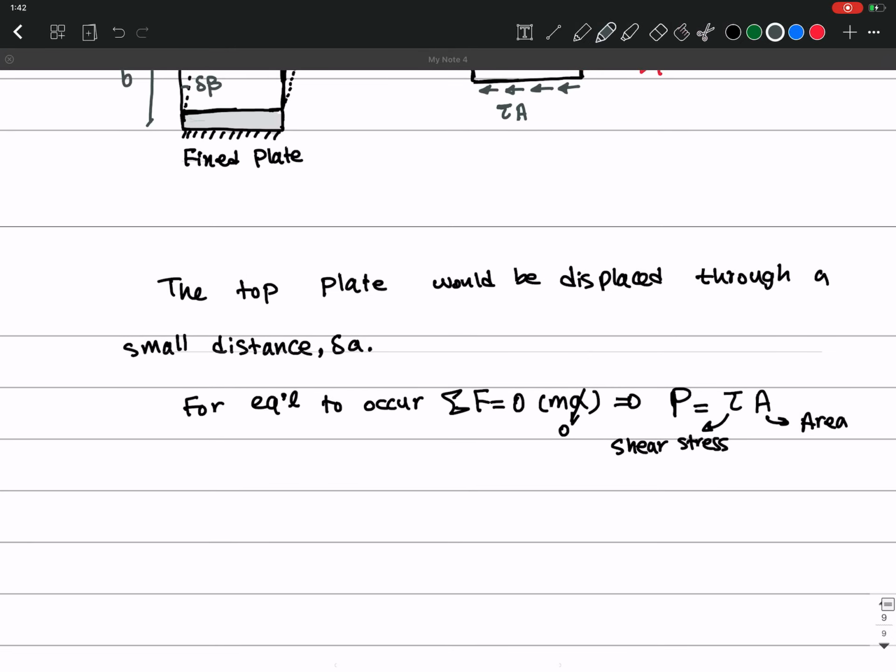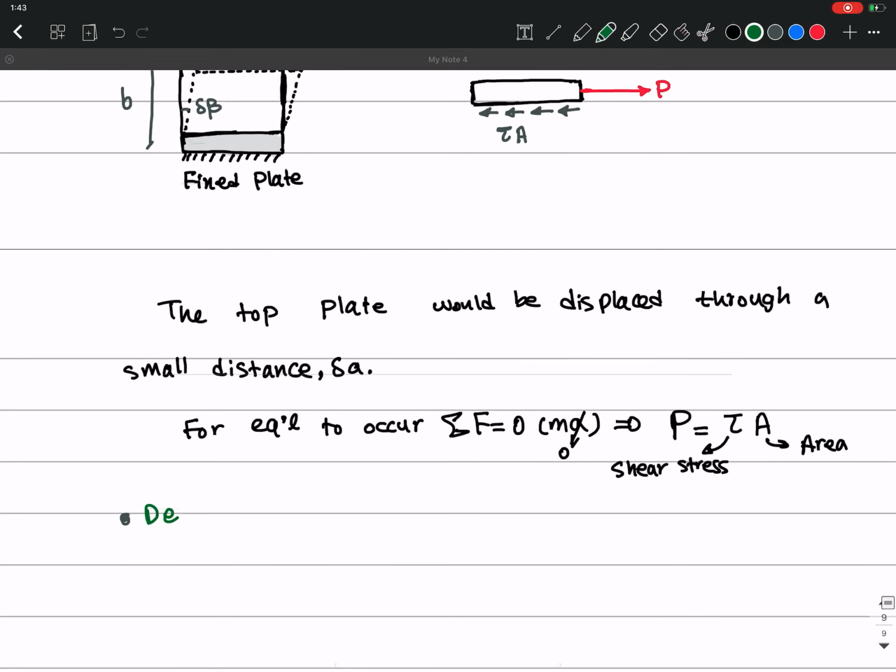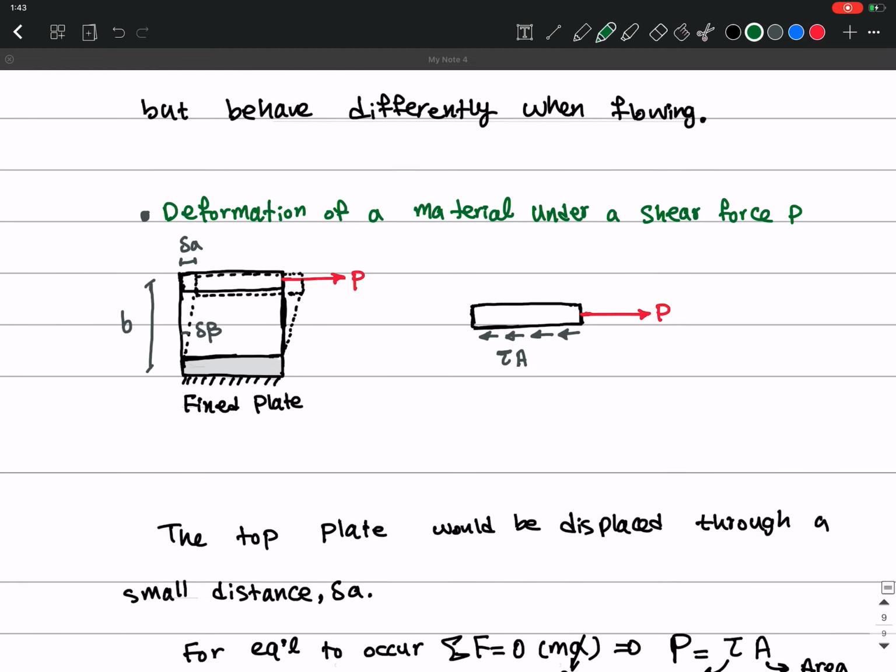I'm going to write deformation of a fluid under a shear force P. Okay?